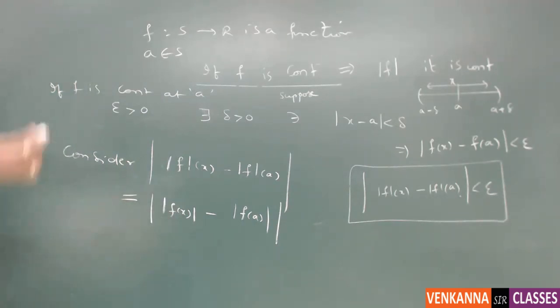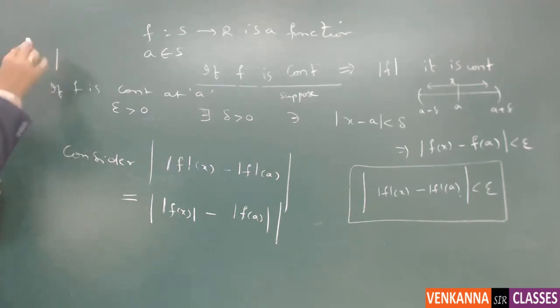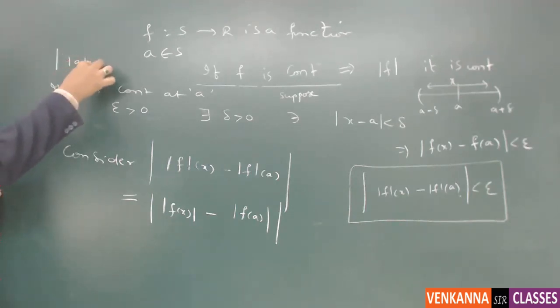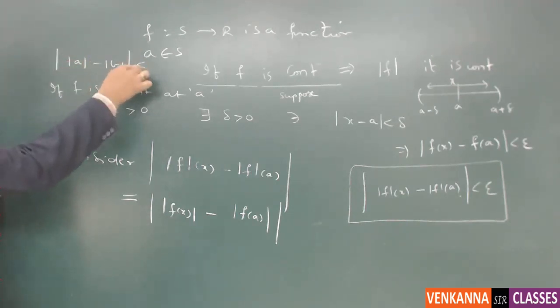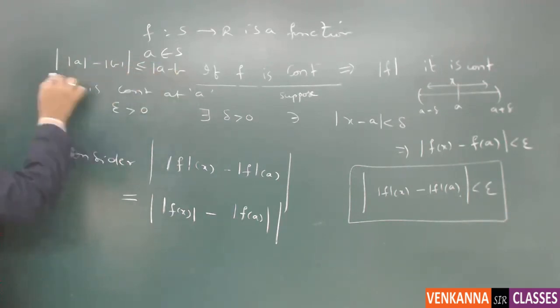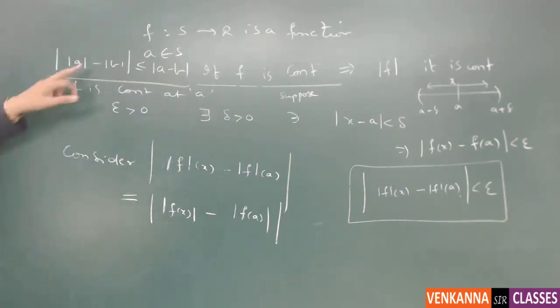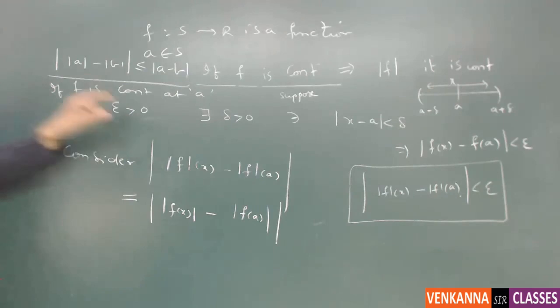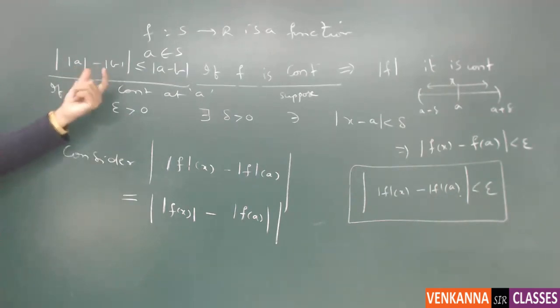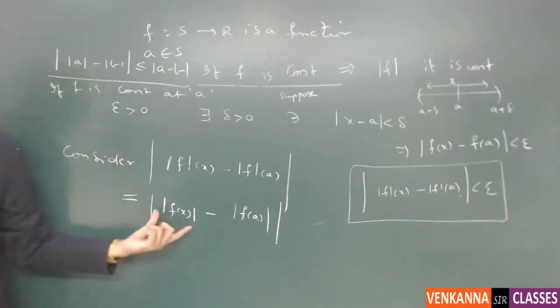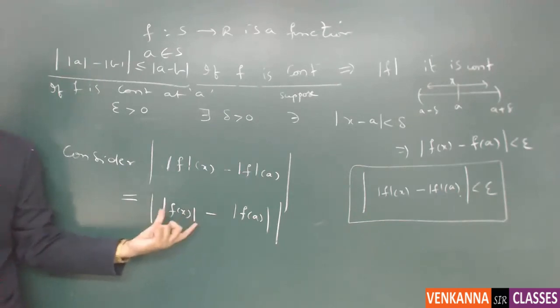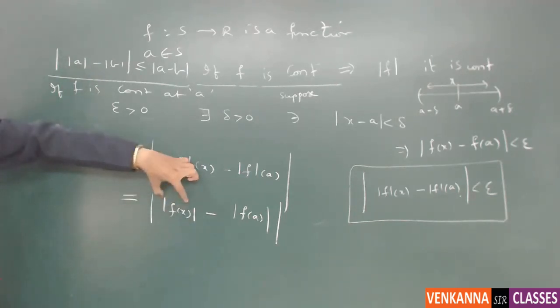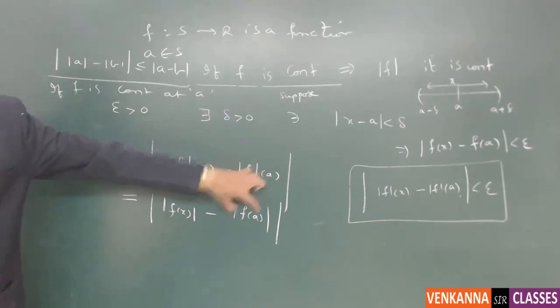Right. And one small result, you know that whenever you take this type of thing, all of you agree with this result? Right. So here a and b are nothing but real numbers. If you are calculating modulus of f of x, it is a real number.